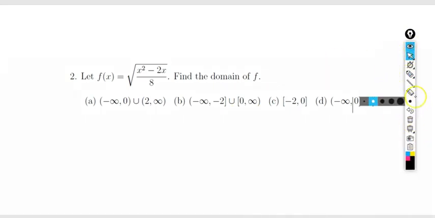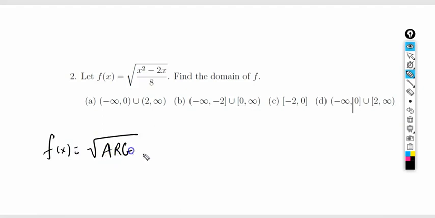So when you have a square root, and the square root is not the denominator of a rational expression, then your argument, what's inside, is greater than or equal to 0.